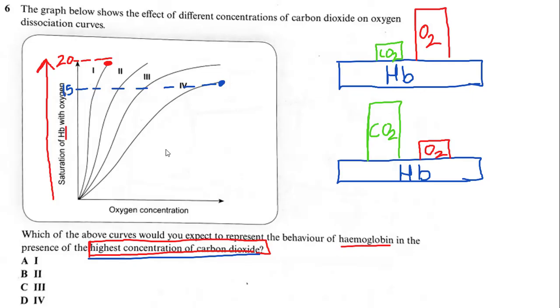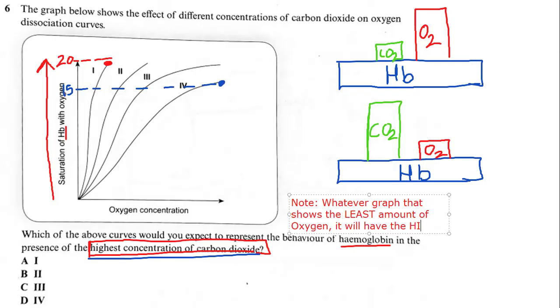So for this one, the note here is: whatever graph shows the least amount of oxygen will have the highest amount of carbon dioxide.